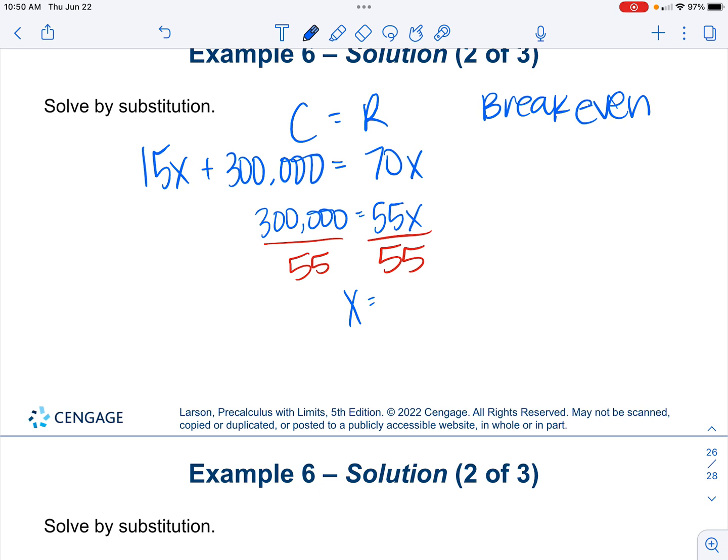So my X, or my number of units needed to be sold to break even, is 5,455 units, and then we will break even. If you sell more than that, you'll make a profit. If you sell less than that, you will lose money.